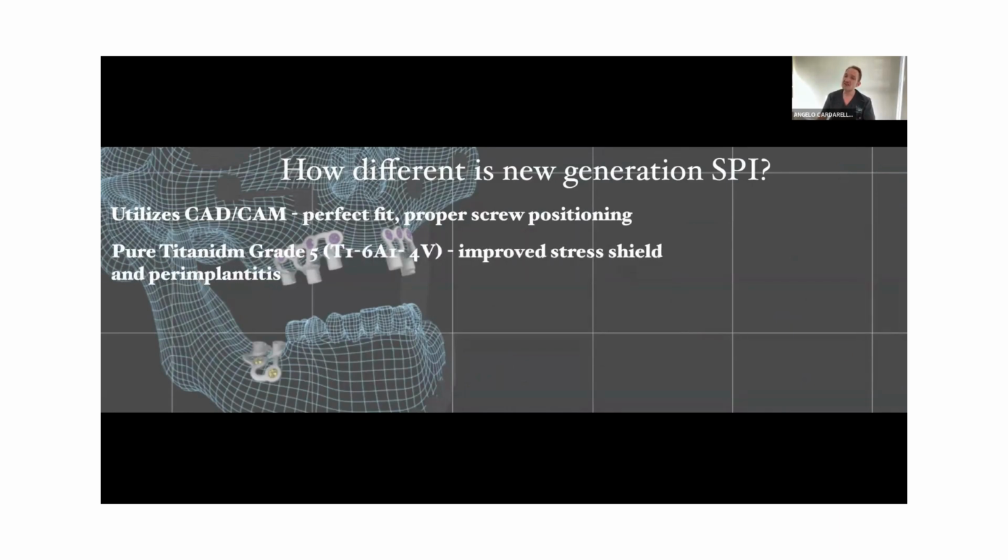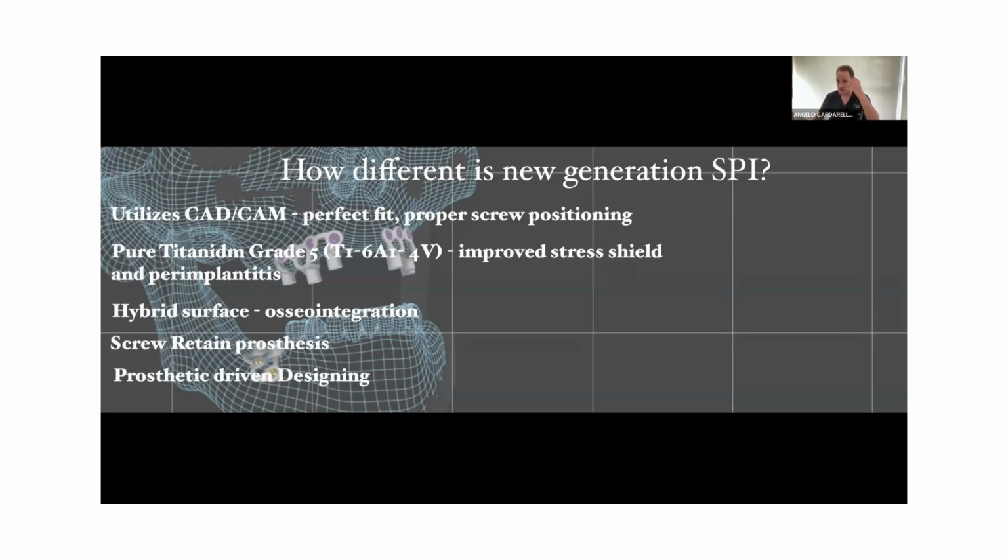Also, it's different, the manufacturing, it's completely different. Now we can use the CBCT, the 3D approach, and the laser sintering process. Using the laser sintering process, we can have a very precise customized implant, and we can have a very precise fitting on the bone.